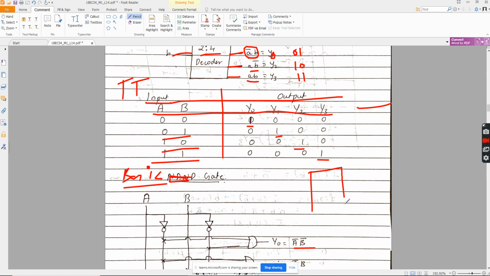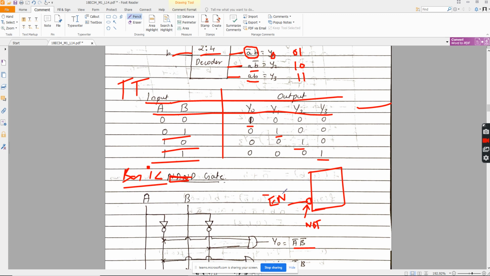See, if I have an IC and if I have a bubble and then an input, say this input is the enable input, then this bubble indicates a NOT gate. To enable means what? It will enable the IC. It will make the IC work.